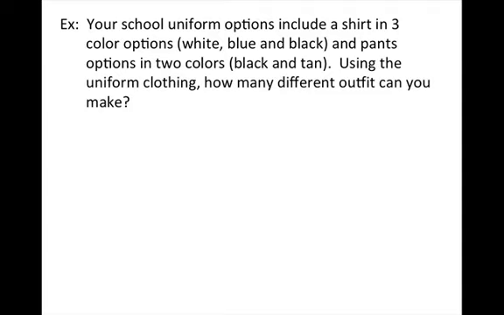Let's look at some examples. Think back to the school uniform example. I had 3 options for shirts and 2 options for pants. We did the tree diagram and got 6 possible outcomes. Well, if I multiply the 3 shirts times the 2 options for pants, that gave me the same 6 outcomes.